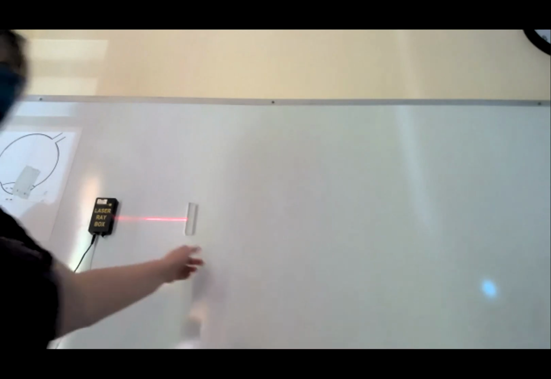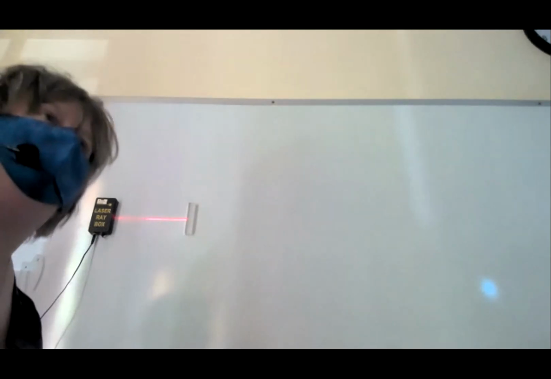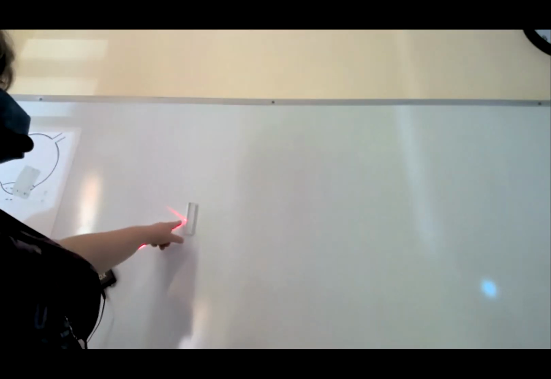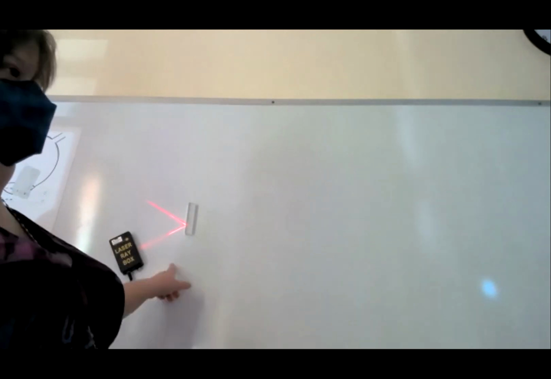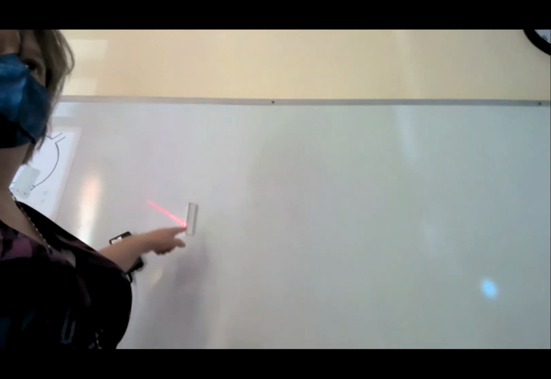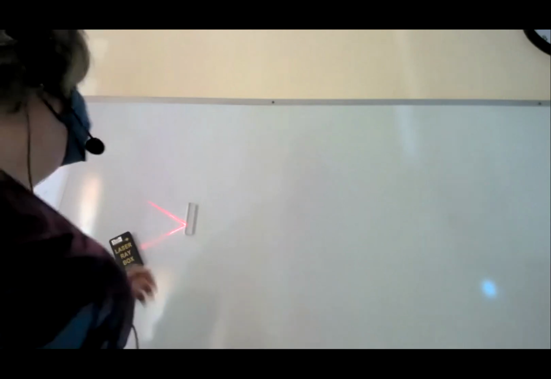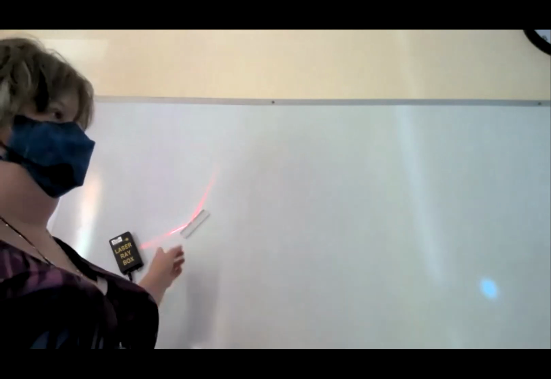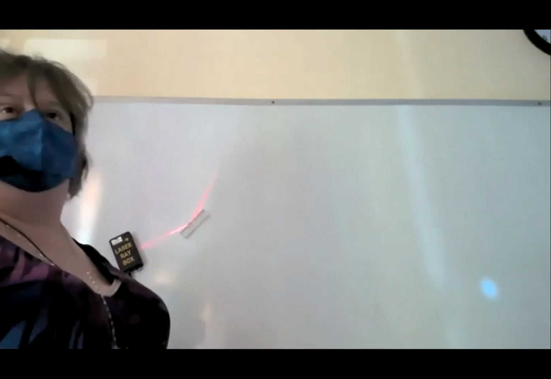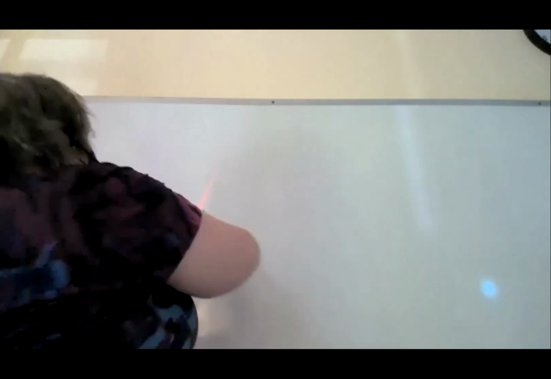Well, you can see that it's reflecting off, or at least that it's stopping. Alternatively, if I angle this, can you see that we've got light coming in here and bouncing off here? Let's see if I can get this a little bit brighter. There we go. You can see it better now. Yes? Okay. And if we change the angle it comes in at, we change the angle it reflects at. Okay.